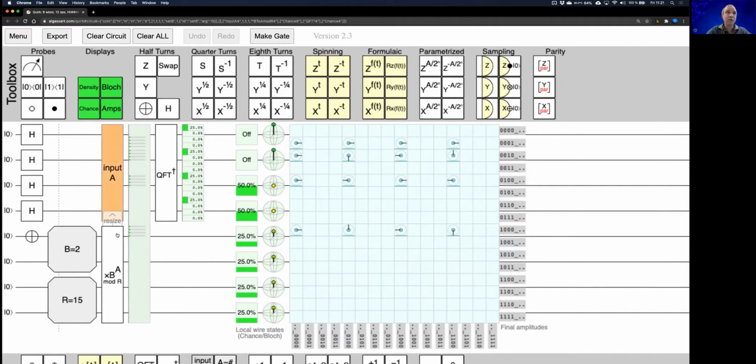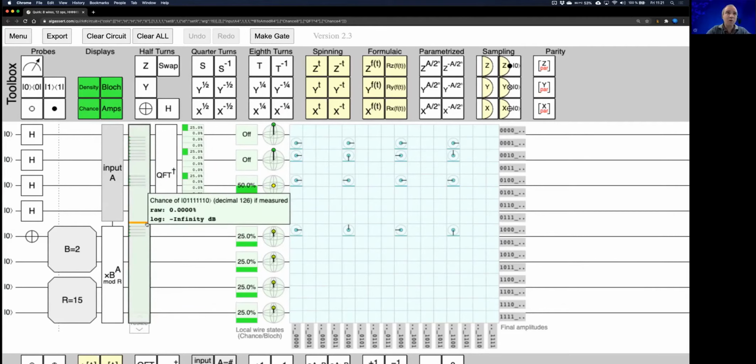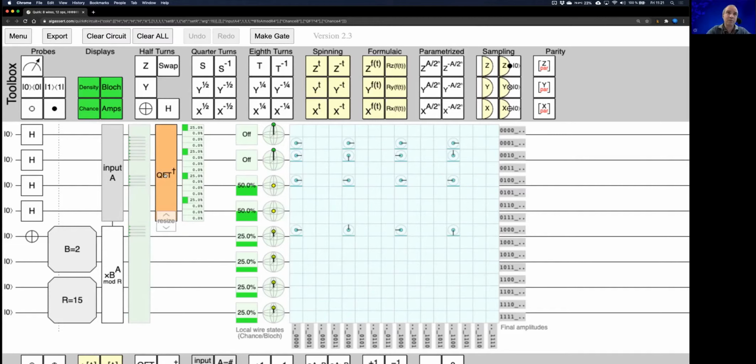Okay, so here what is done is this is a compressed expression of all these modular exponentiations that we had, and then we have the inverse of the quantum Fourier transform. And here I have included a visualization of what is happening just before we measure, before we apply the inverse of the quantum Fourier transform.